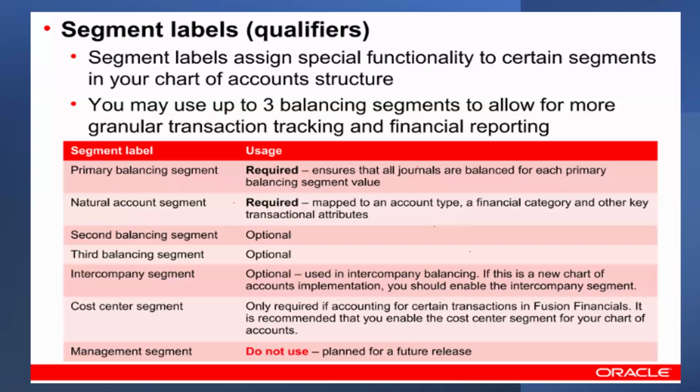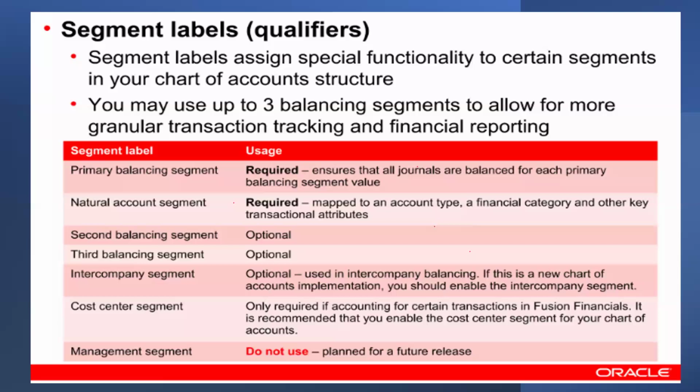You can select different account types based on your requirement. If you are creating an expense value, you can select account type as expenses. If you are creating an asset value, the account type must be asset. Like that, you can assign the account type for the values. That privilege comes with the natural account segment.